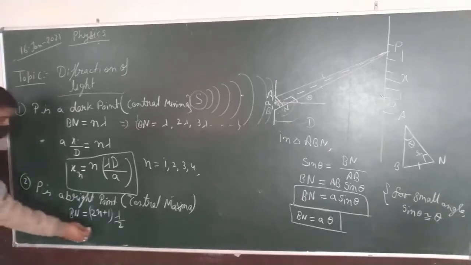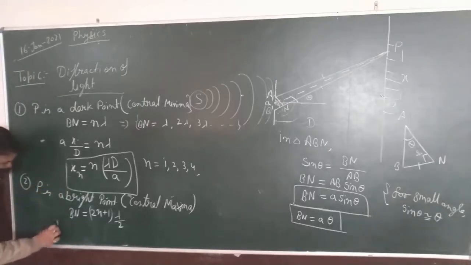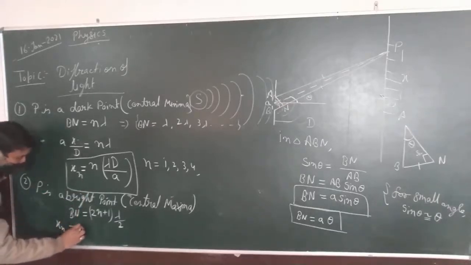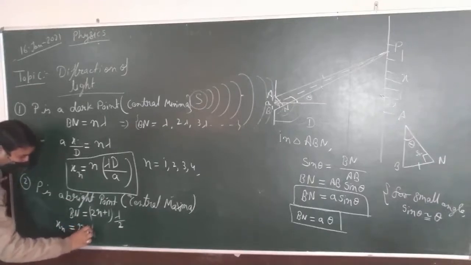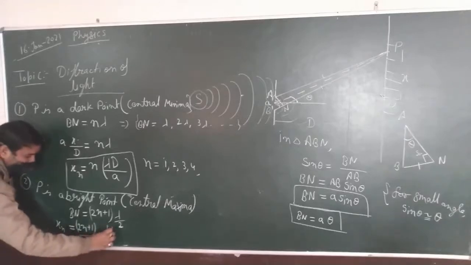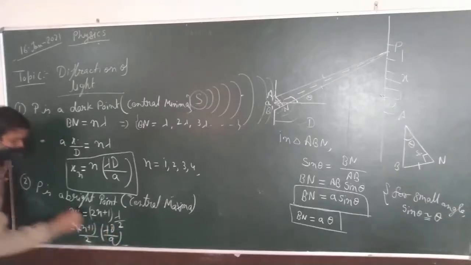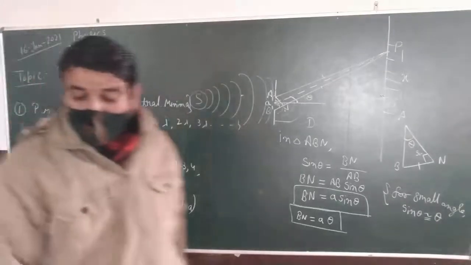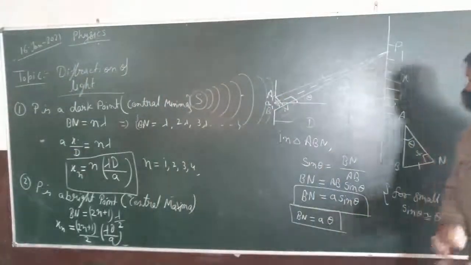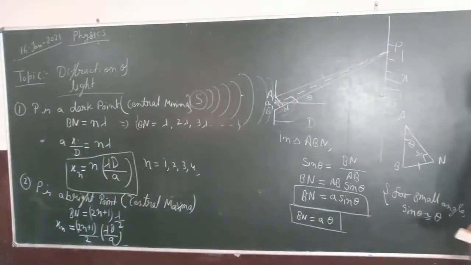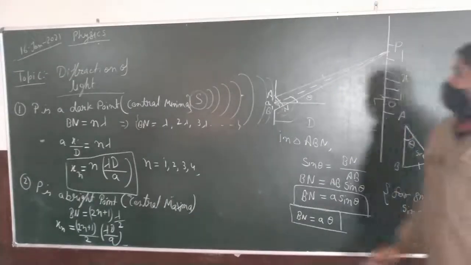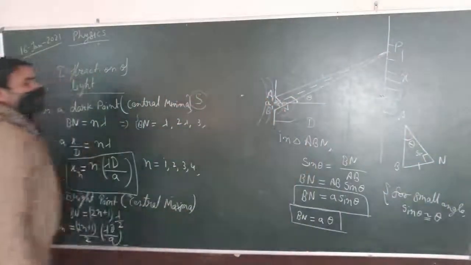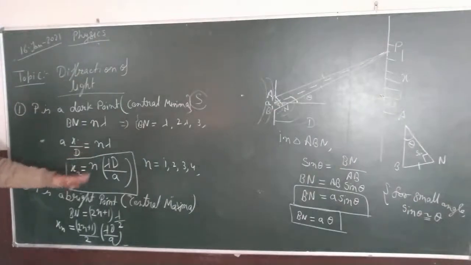Therefore this result becomes x n is equal to (2n plus 1) by 2 times lambda D upon a. Okay, now clear? Now we understood which kind of fringes are formed in this pattern.